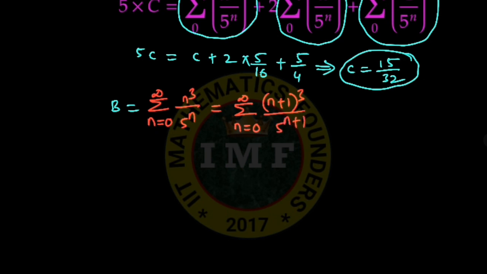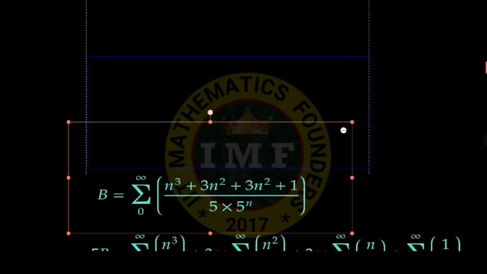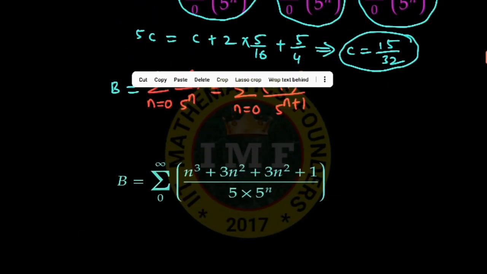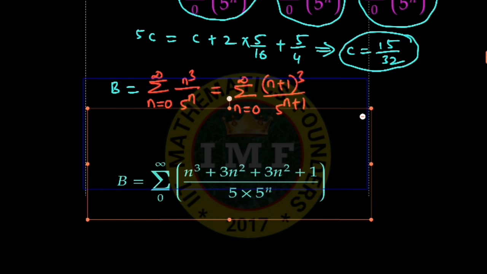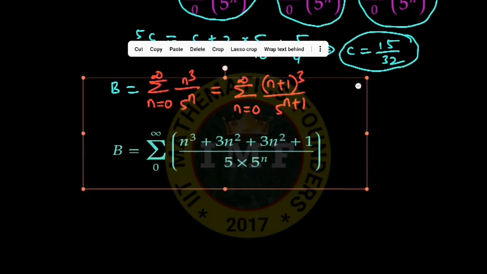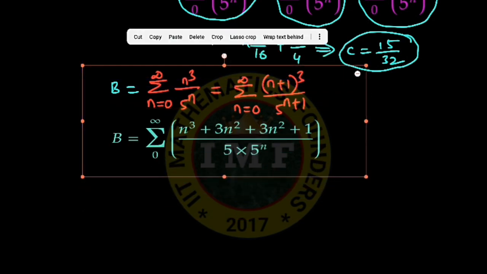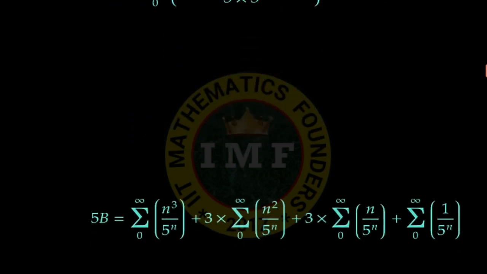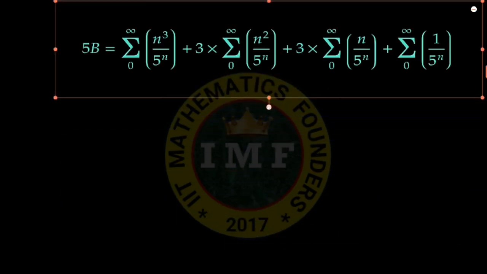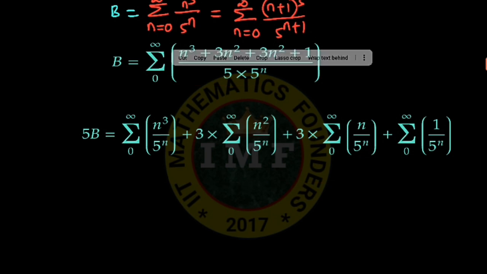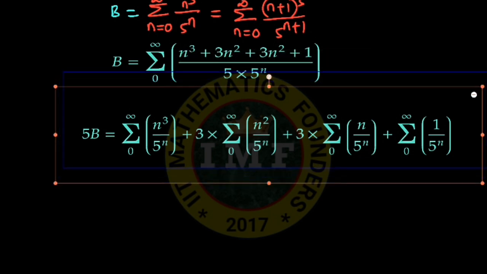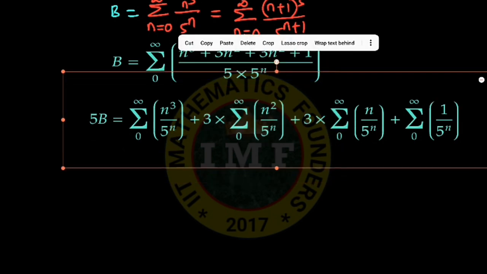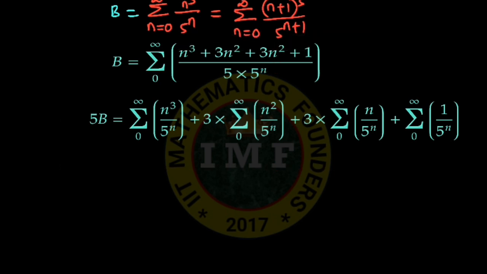On simplification you are going to get this one for B, after applying sigma for all the terms in the numerator and denominator. So for this let us do simplification.